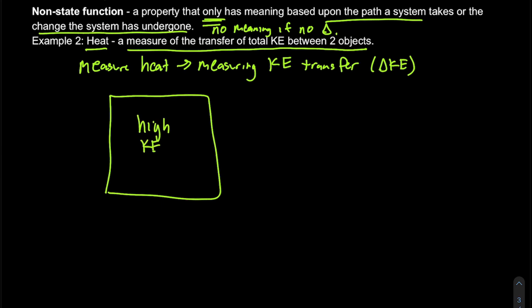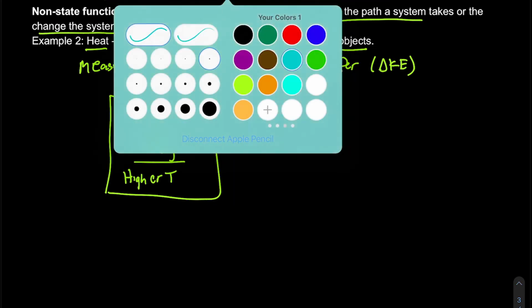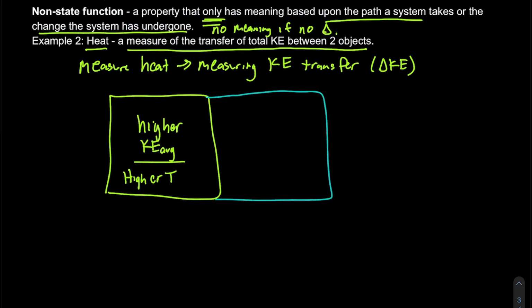an object with higher kinetic energy and higher temperature. And then we also have another object that has lower average kinetic energy or lower temperature.